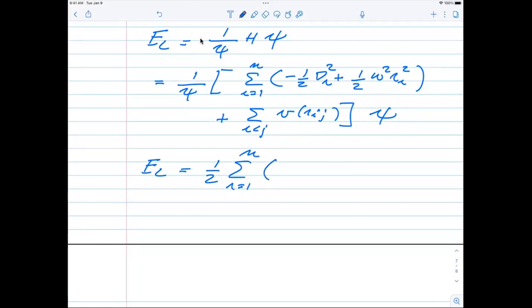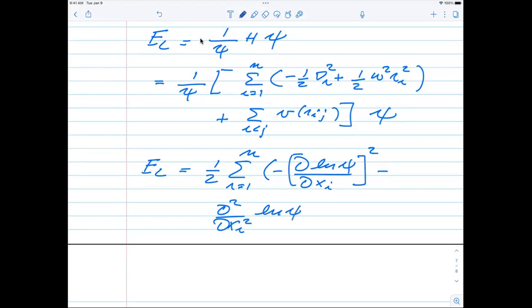And then we need to set up the kinetic energy, which will be given by a minus, and then a derivative of ln of the trial wave function with respect to x_i. And this quantity, the first derivative, comes squared. And then I have a second derivative term, the second derivative of ln of psi with respect to x_i.